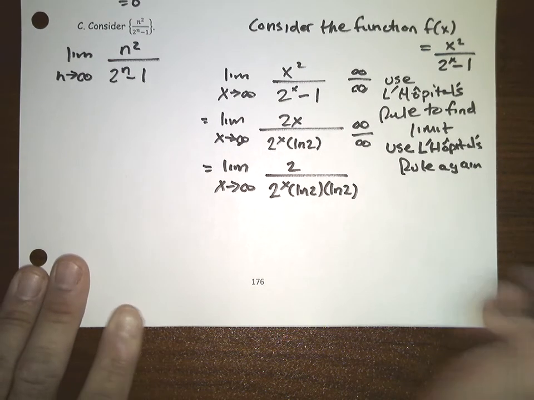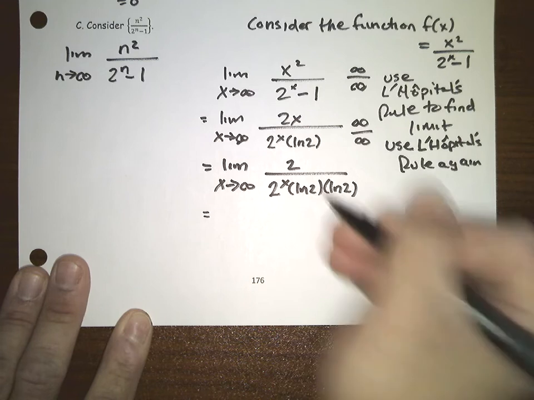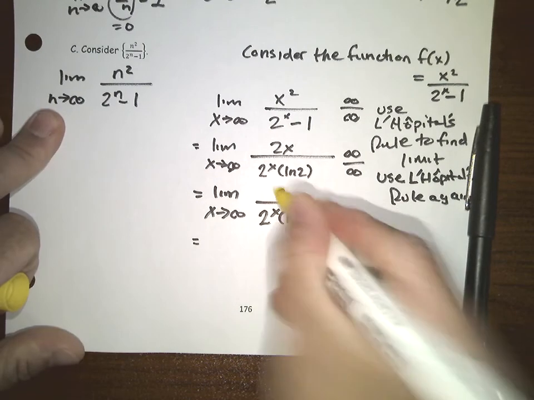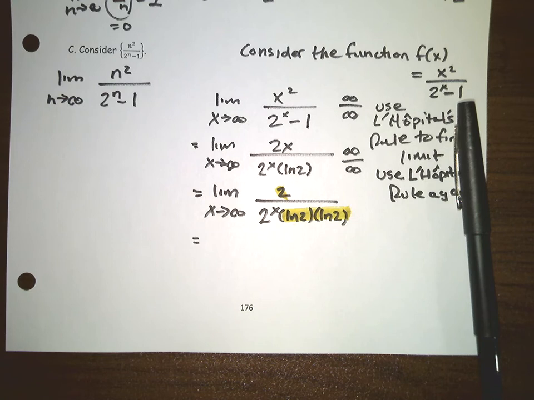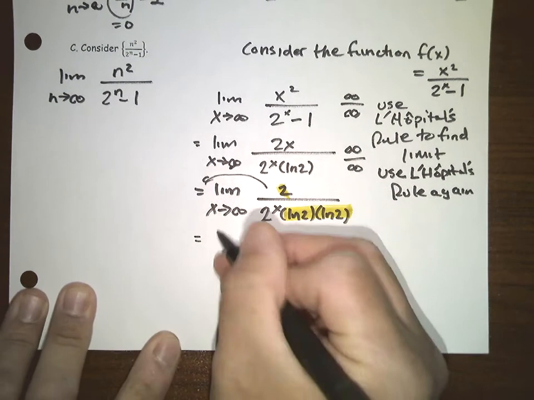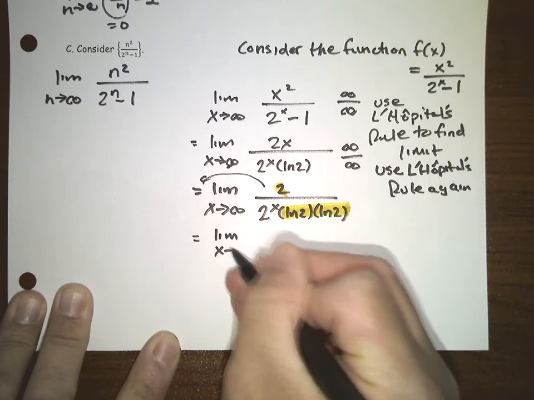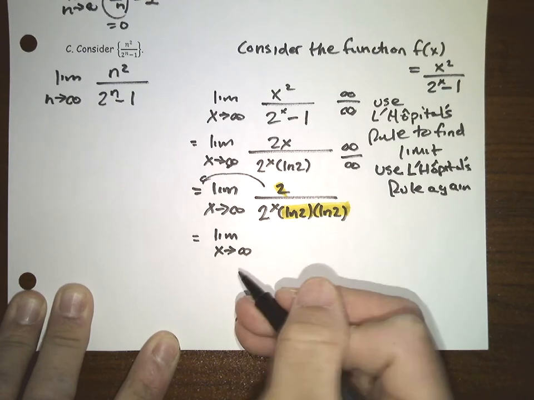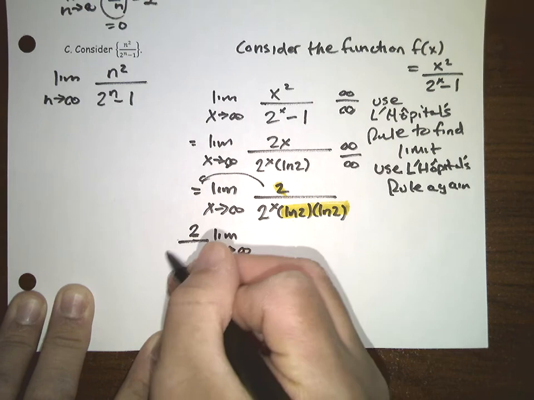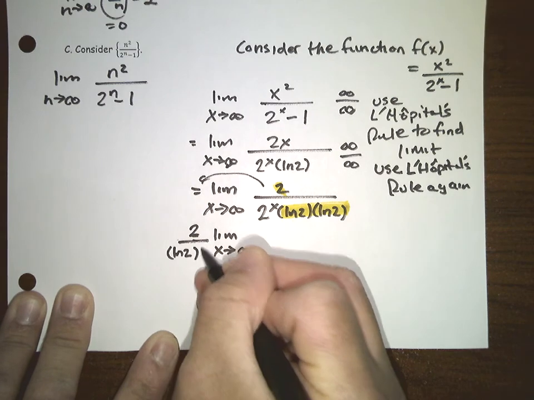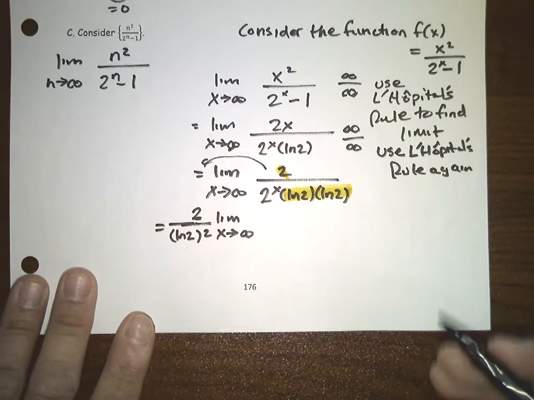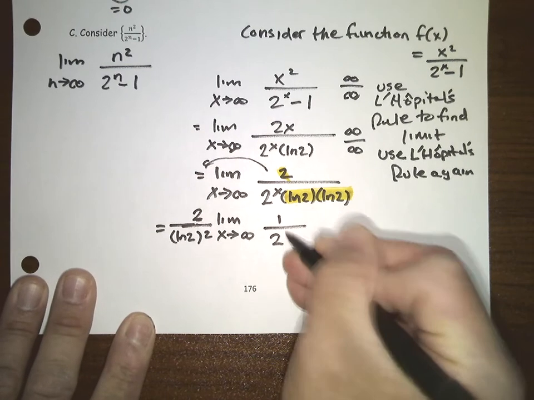Now, what I can see is that this part right here is all a constant that I can bring in front of the limit. So I'll bring that in front. So I have 2 over natural log of 2 squared out in front here, and then the limit as x approaches infinity of 1 over 2 to the x still.